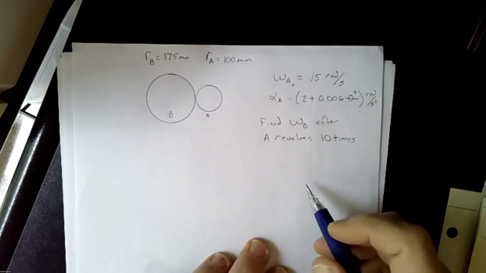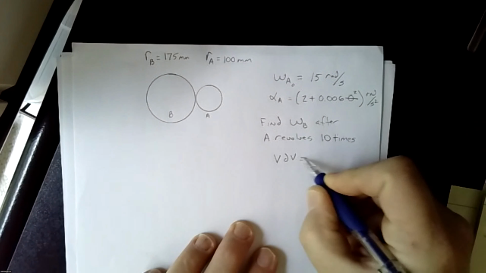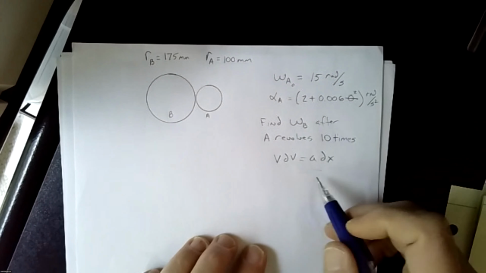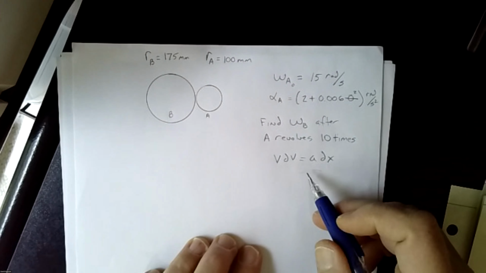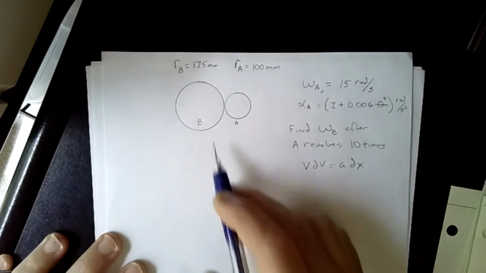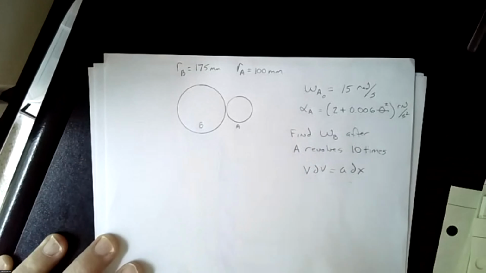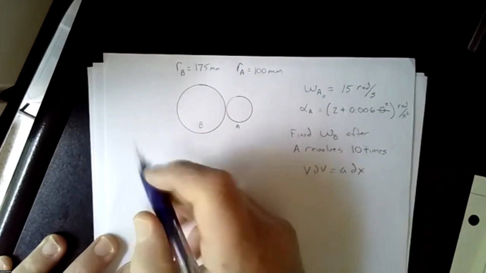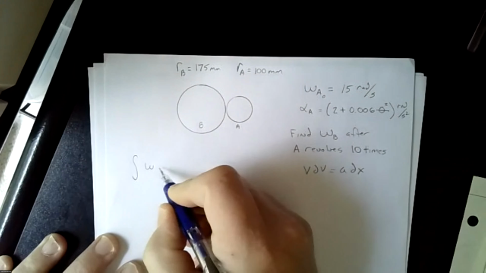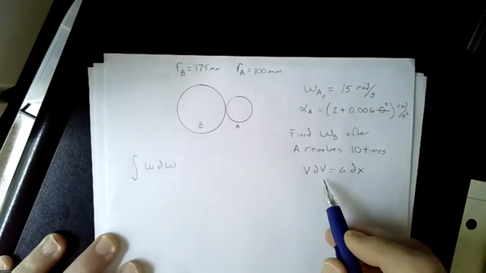So recall that v dv equaled a dx. That was a common relationship we used. And so we can write this as the integral of omega d omega. That's our v dv.